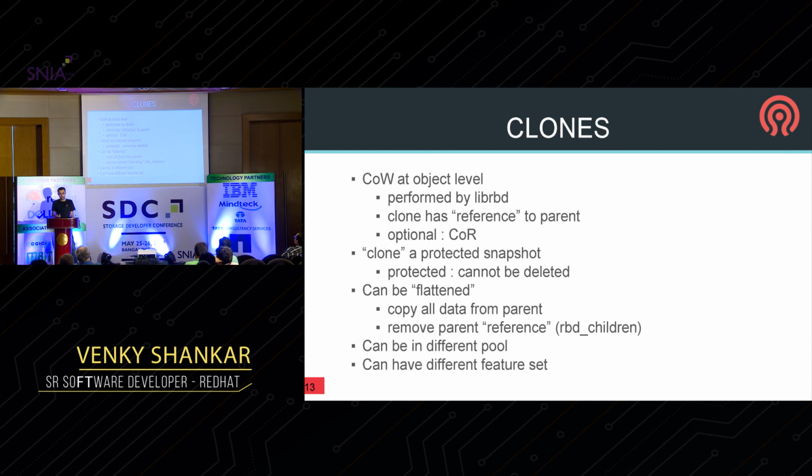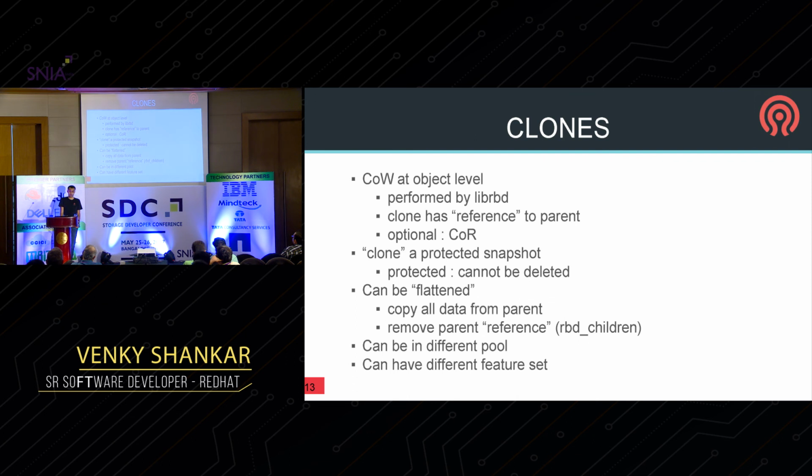If you recall the RBD children directory, that had a mapping of the clones to their parent. So when we do IO on a clone and the object is not available, we can open the parent and read data from it. So copy on write is done by default.